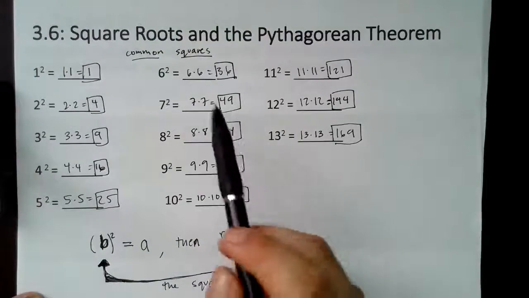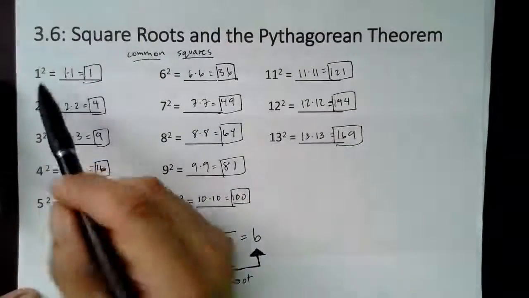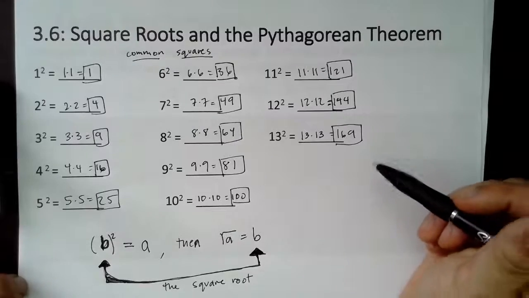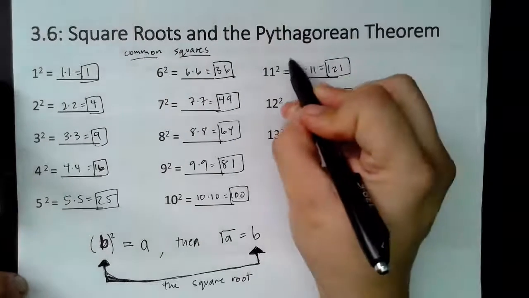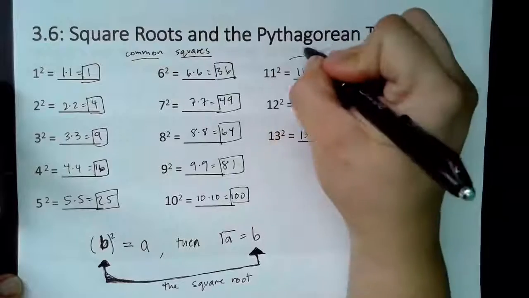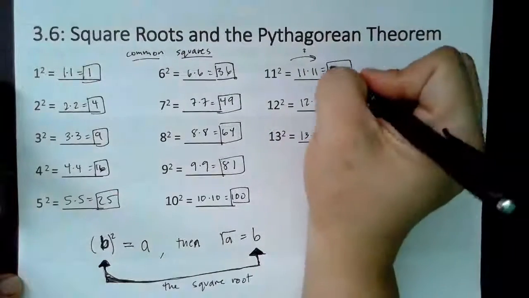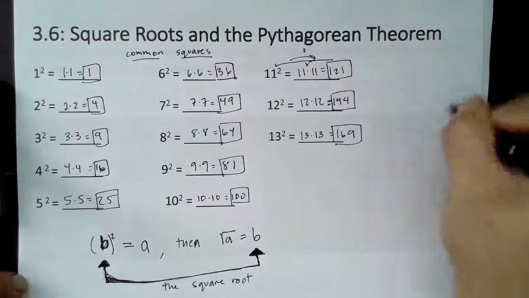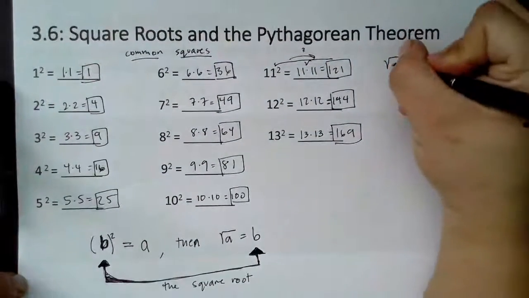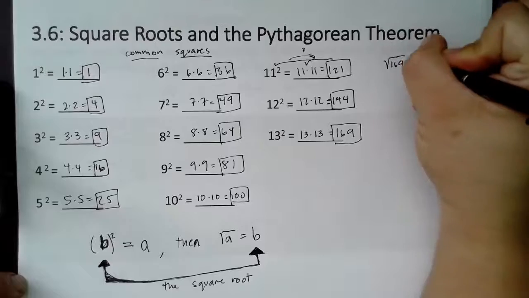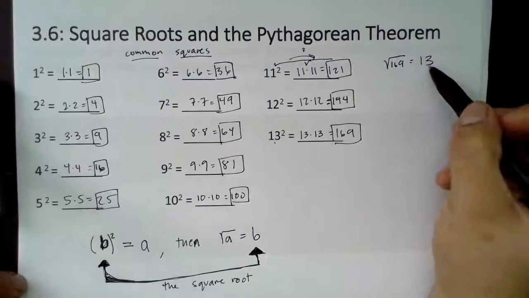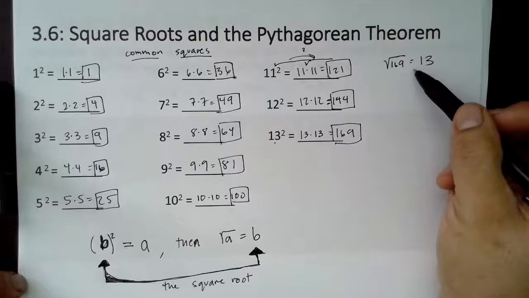Now, to take a square root, think of the squaring function taking 11 to 121. Taking the square root takes 121 back to 11. So if you take the square root of a perfect square, you get back to the number you originally began with.